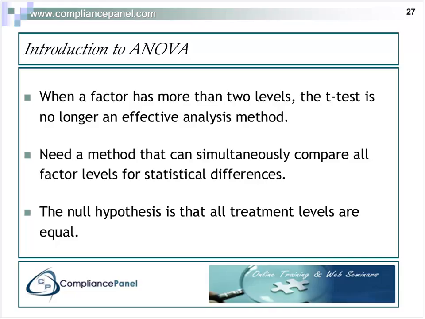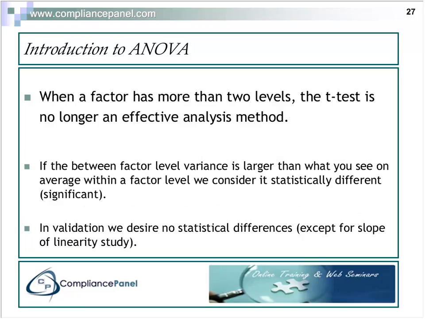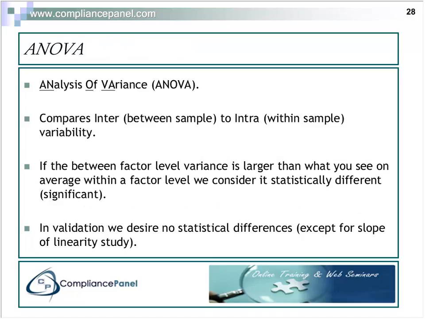ANOVA means analysis of variance. And one of the misnomers about ANOVA is that it actually is comparing means, and that's not what's happening. Analysis of variance works very simply. It says that I can look at variability between factor levels, means, and compare it to the variability within a factor level mean.